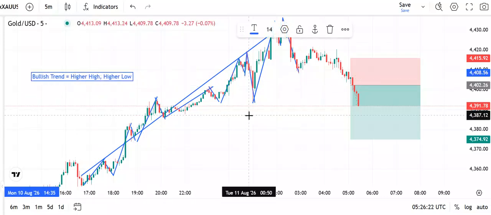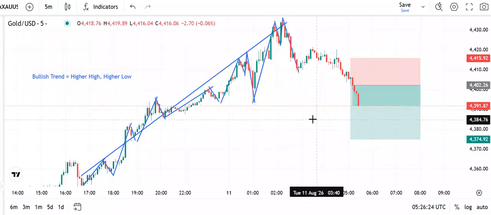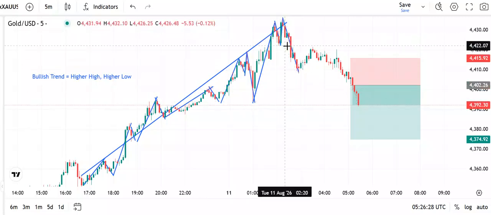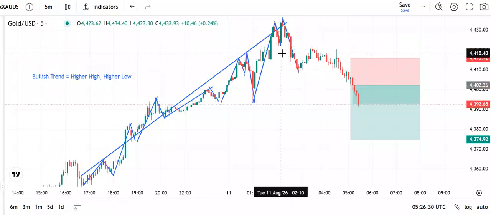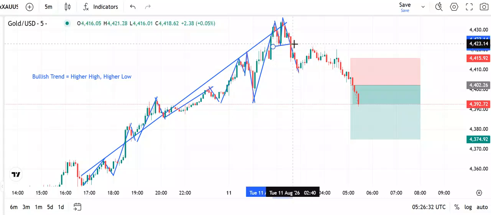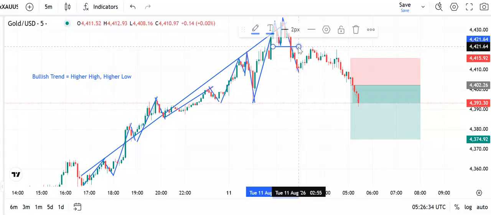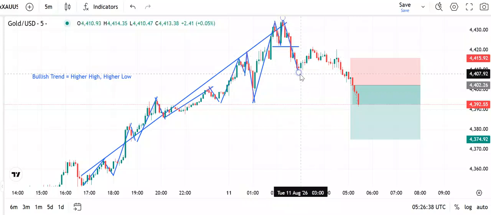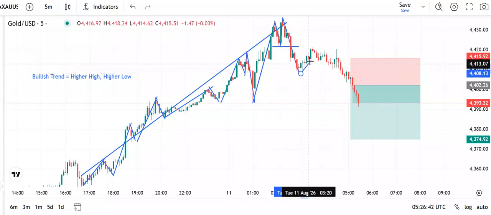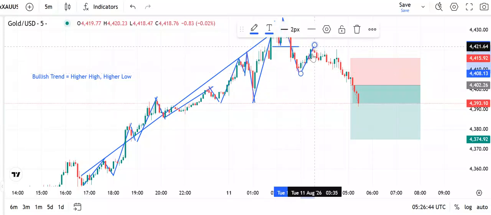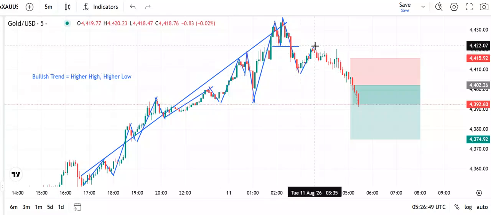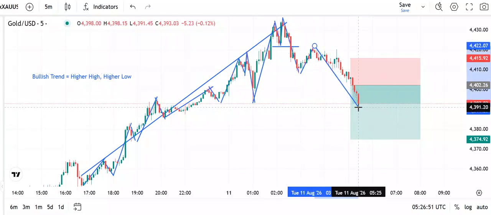And what we are now seeing here is bearish trend, in the sense that we now have a change of character, where we start to see lower low, change of character happened around here. Then we have this lower low, lower high, then we start to see lower low.